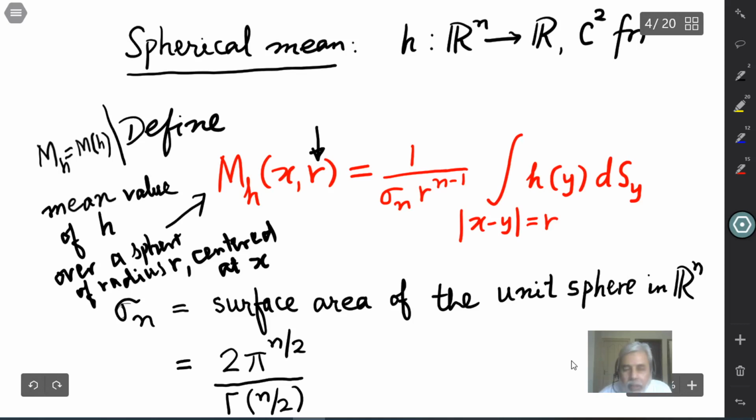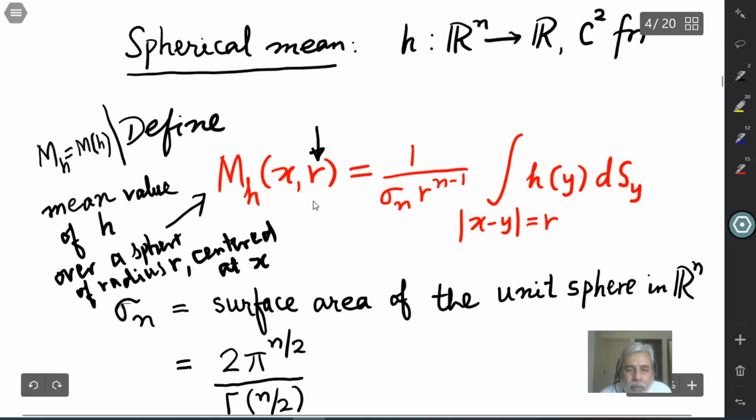That will be useful sometimes. Given any function h, this mean value operator m produces another function with one extra independent variable r.